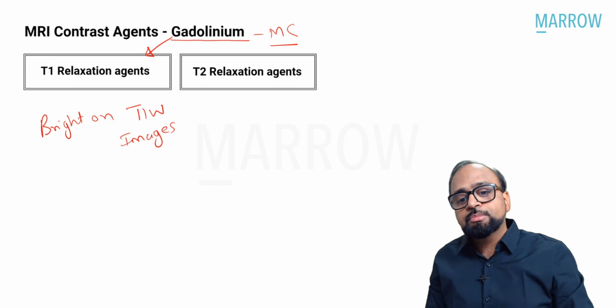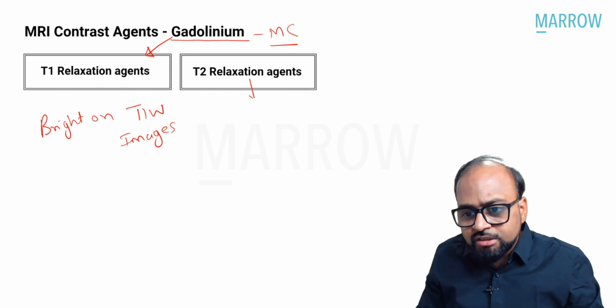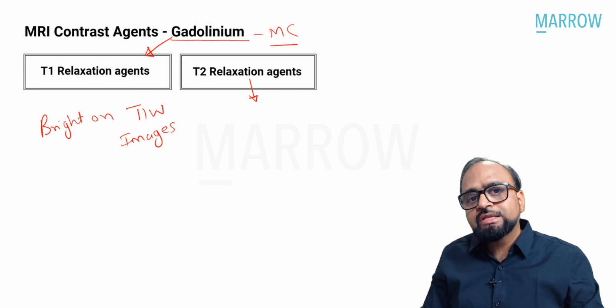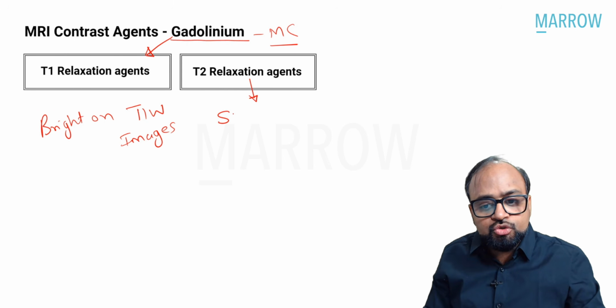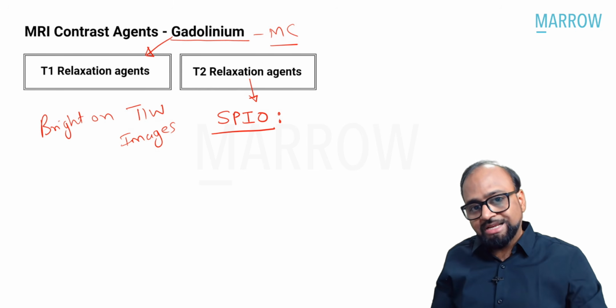As a result, the tissue appears bright on T1 weighted images. T2 relaxation agents are another type of MRI contrast medium. They are less commonly used. One example is superparamagnetic iron oxide, which is an example of a T2 relaxation agent.